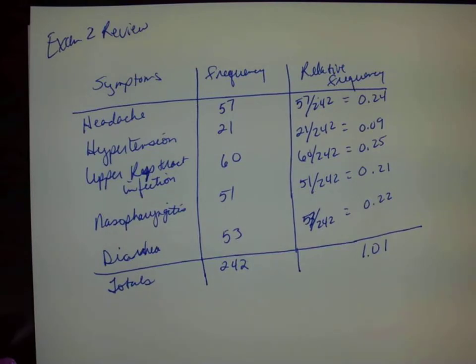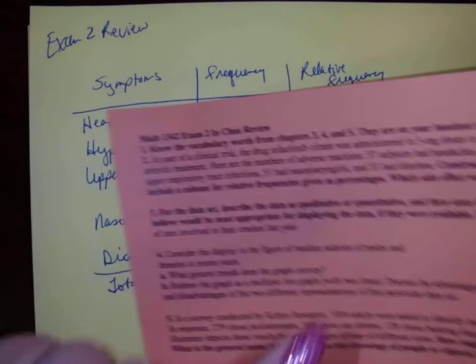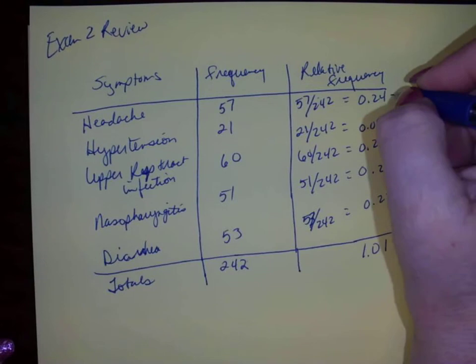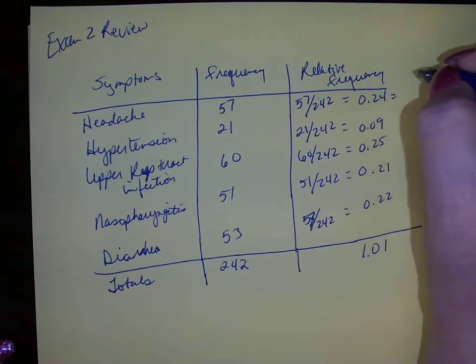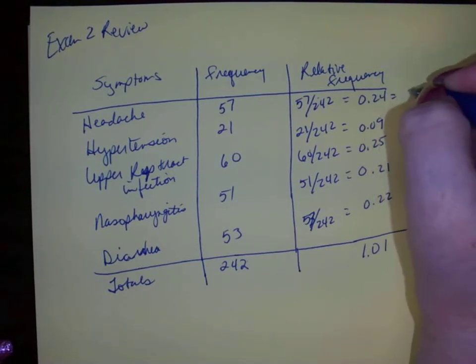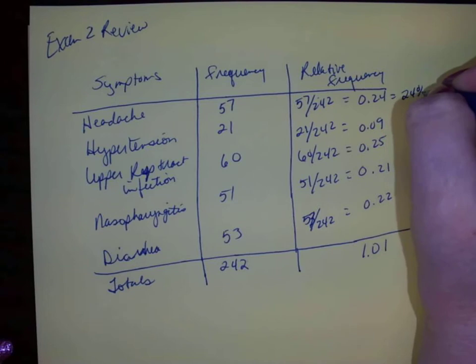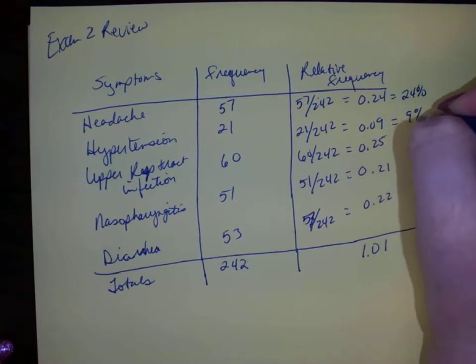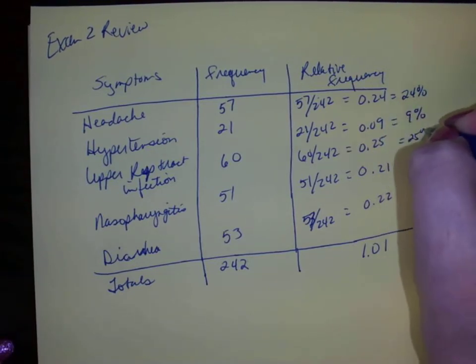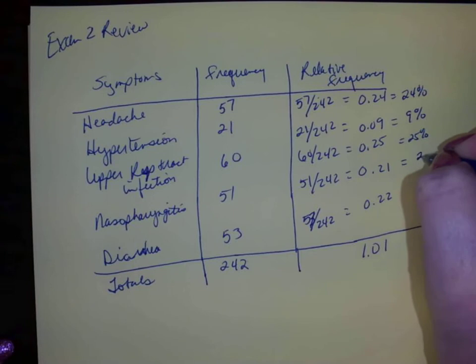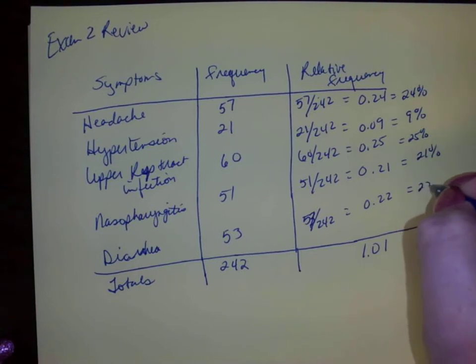But it actually stated that we want it given in percentages. So I need to change these to percentages by moving my decimal place 2 places or multiplying by 100. It's the same thing. So 24%, 9%, 25%, 21%, and 22%.